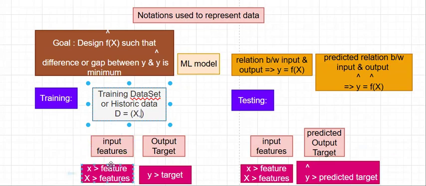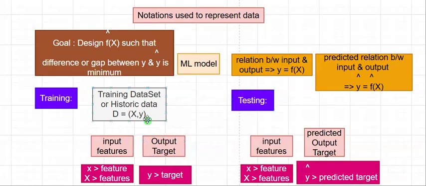If the input feature is a single column, then we call it small x. Multiple columns, then we call it capital X. And we need to provide the target as well. So the data set must contain the input features as well as the expected output. We need to train our model based on these data.